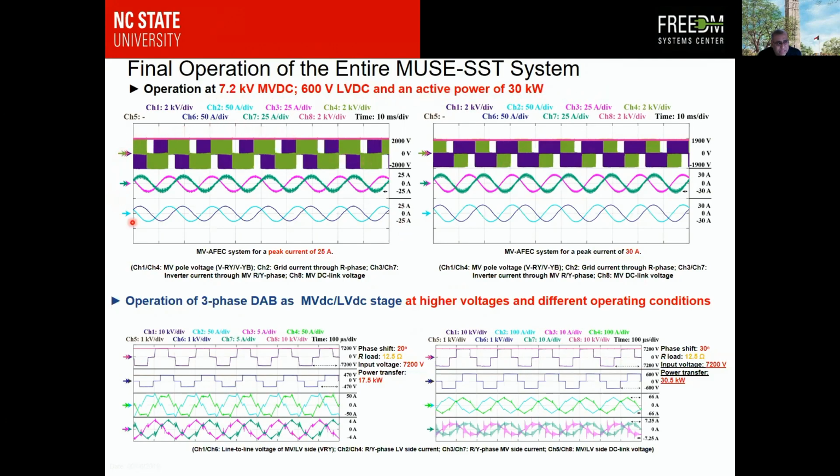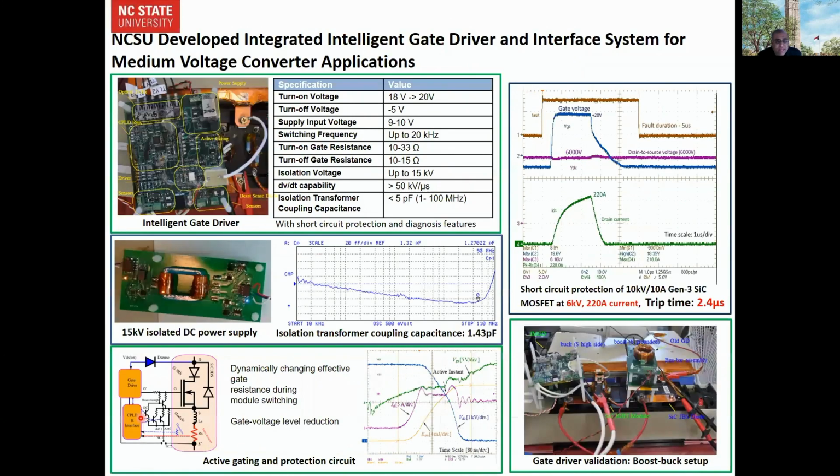So here you see the AFE or the front end switching at 10 kilohertz with a peak current of 25 amps and 30 amps at a steady 7.2 kV DC bus with a very simple 2-level topology, and the clean currents. Again, the dual active bridge with a phase shift of 20 degrees transferring 17.5 kilowatt and 30 degrees transferring around 30 kilowatt. So again, we are showing the performance of these devices at 7.2 kV with the 10 kV MOSFETs.